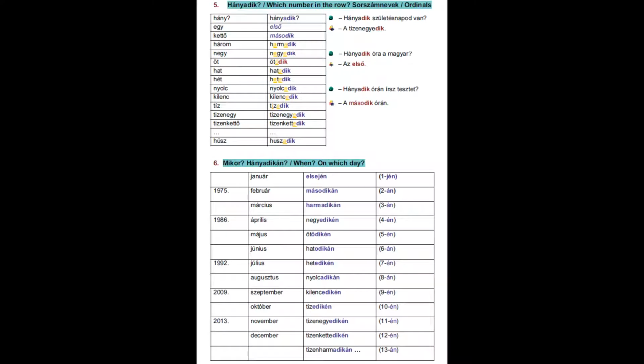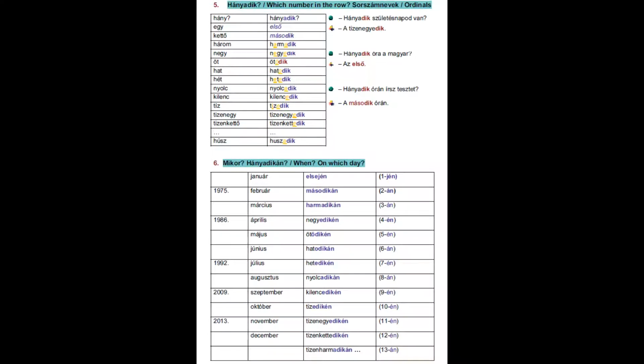So basically, ordinals are the name of the number in its row or order, right? Where it is placed, in what order it is in the row or the line of numbers, the sequence of numbers. I hope that makes sense, because that's what's great about the Hungarian language.